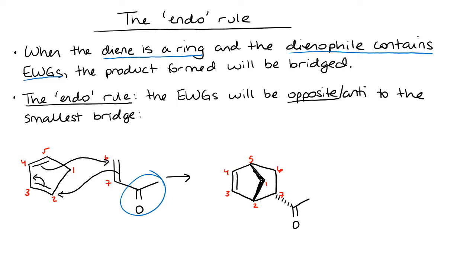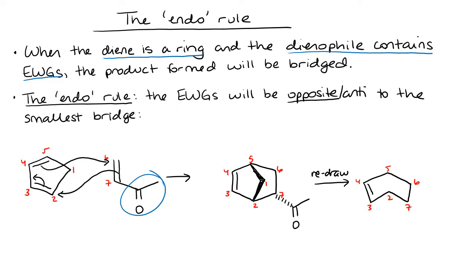Now I can redraw this in a different way to give it more of 3 dimensions. So you can imagine this 6-membered ring is kind of like a piece of paper that is folded in half. We have carbon 6, 5, 4, 3, 2, and 7.